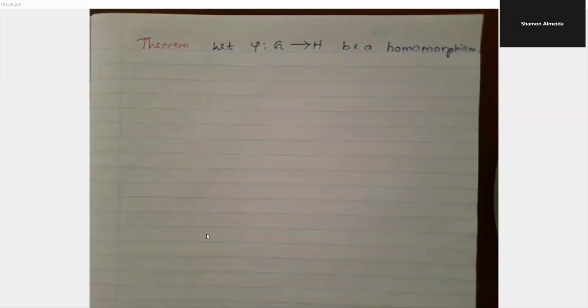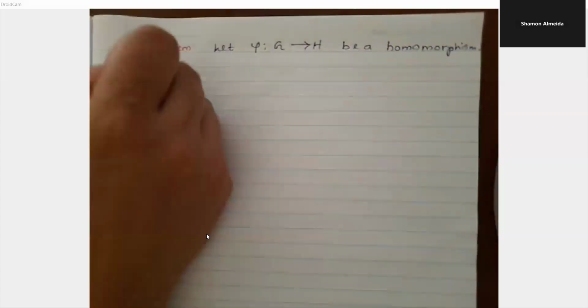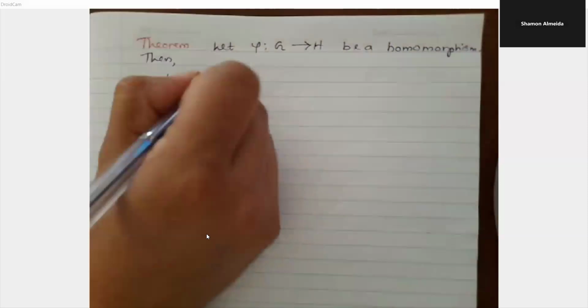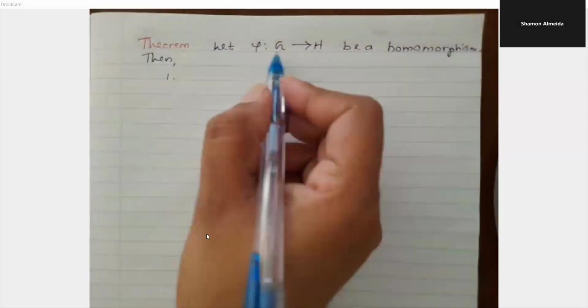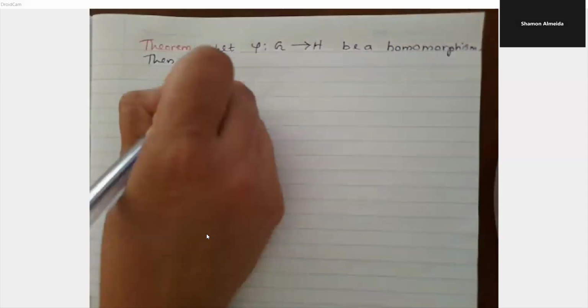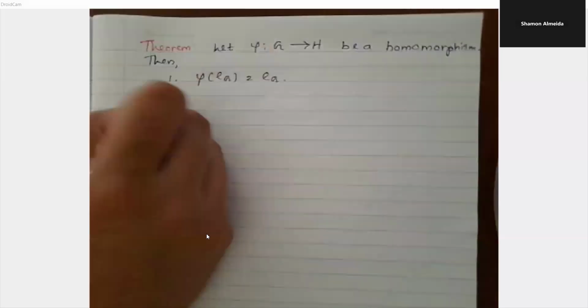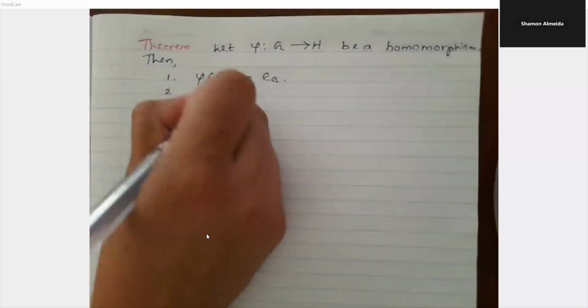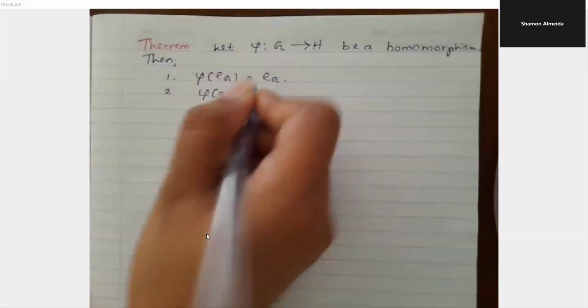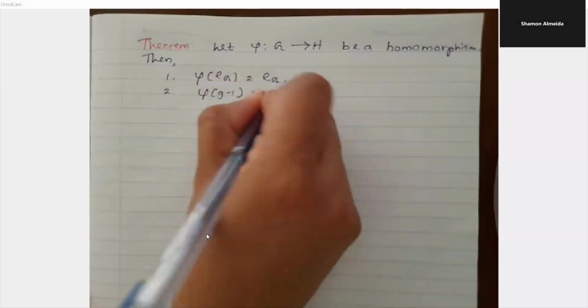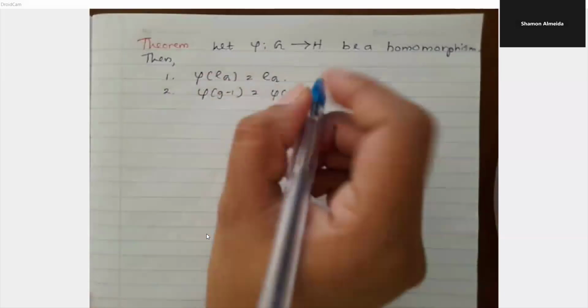Then we have the identity in G will be mapped to the identity in H. Phi of the identity in G is equal to the identity in H. And then we have phi of g inverse for any element g in G must be phi of g, inverse.